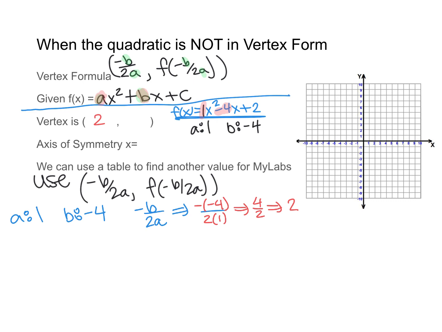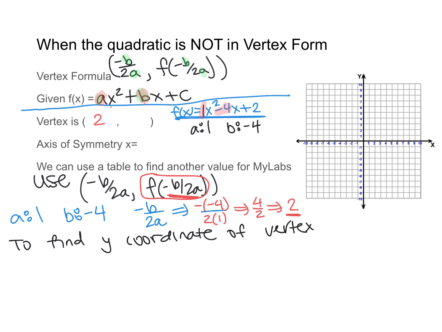To find the y-coordinate, what this means is to take whatever you got and plug it in for x, and that's going to give you y. So to find the y-coordinate of my vertex, I'm going to take the x-coordinate that I just found, which is 2, and plug that into my function itself.